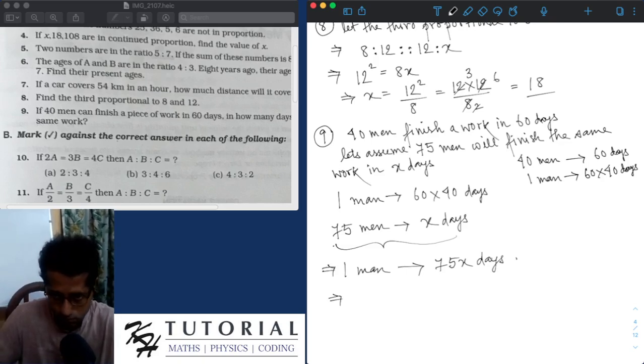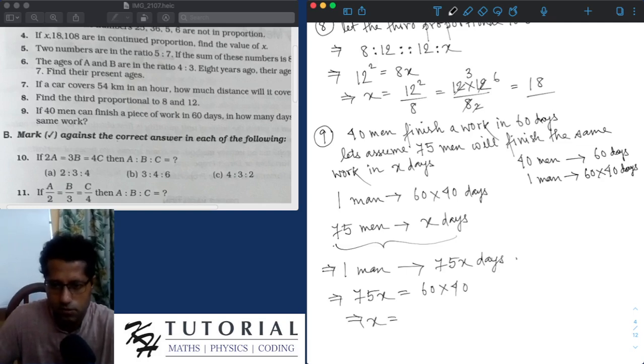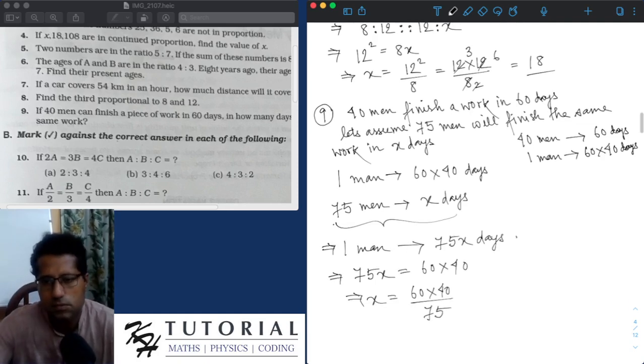So now we can say that 75x equals 60 into 40. This implies x equals 60 into 40 by 75. This equals 2400 by 75.